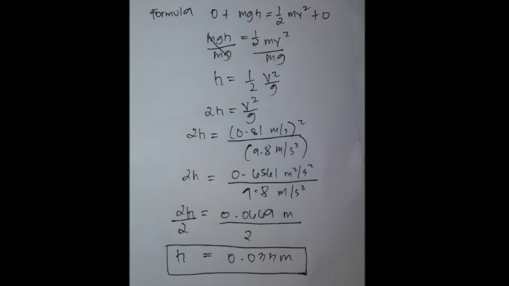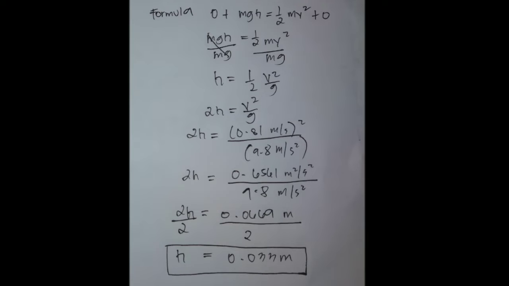So 2h equals open parenthesis 0.81 meter per second close parenthesis squared over 9.8 meter per second squared. The square of 0.81 meter per second is equal to 0.6561 meter squared per second squared over 9.8 meter per second squared.